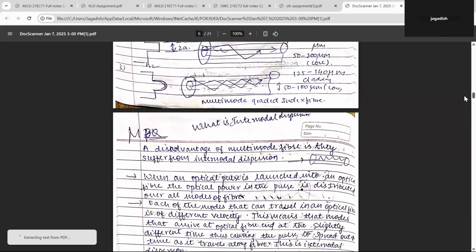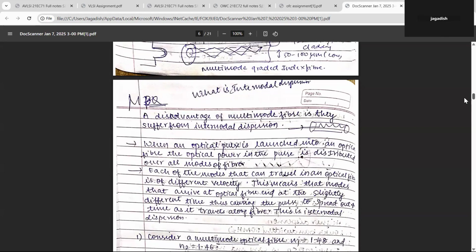So this question is very important, students. Write about intermodal dispersion. It is 6 marks, a very important theory question. You have to draw the diagram of the multi-mode graded index fiber.